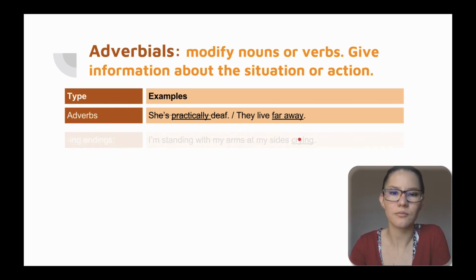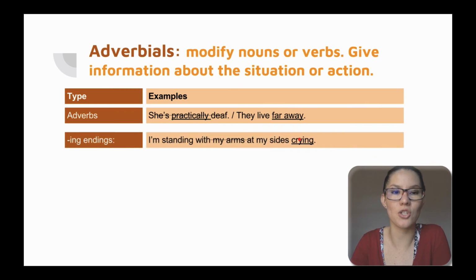And then we can also find ing ending words that would typically be gerunds or adjectives working as adverbs. In this sentence we can read, I'm standing with my arms on my sides crying, to describe how I'm standing, answering that question.